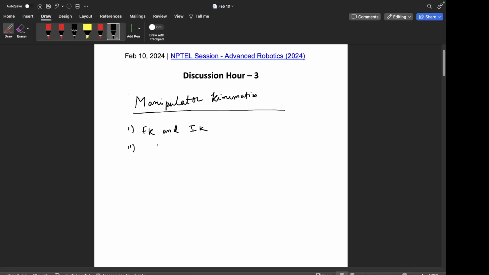Prior to that we have seen frames, how to assign frames, how to write transformation matrices, and the DH convention for the same purpose, assigning frames and writing transformation matrices in a convenient way. So any questions on these topics? If there are, please go ahead.